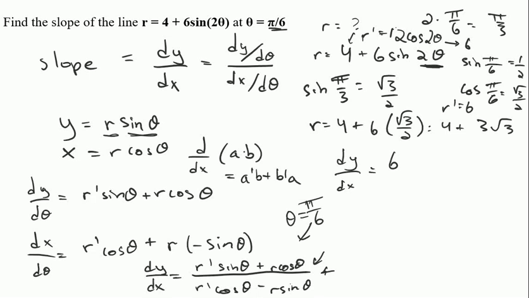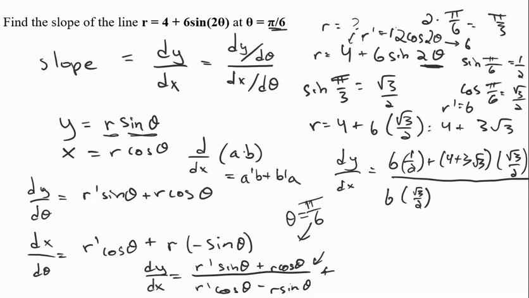Now, let's plug all that in. So we get 6, and then sine theta is 1/2, plus r times cosine theta, which is 4 plus 3 rad 3 times rad 3 over 2, and that's all divided by 6 times cosine theta, which is rad 3 over 2, minus r sine theta, and r is, again, 4 plus 3 rad 3, and then sine theta is 1/2.